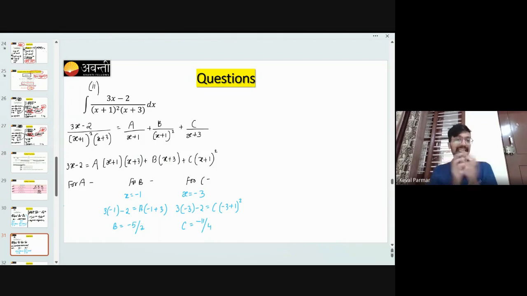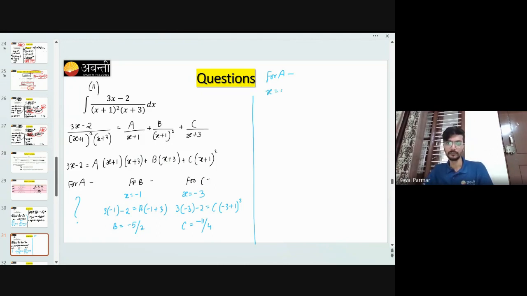Now for A, I can select any number. So for A, what to do? Let's come here. For A, I'll put x equals to 0.